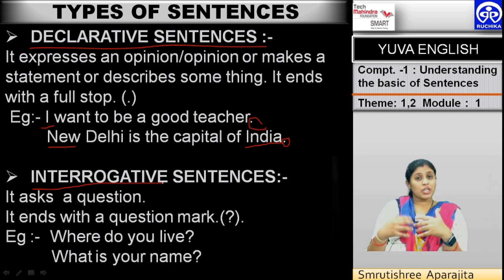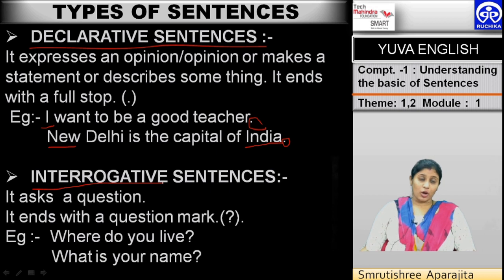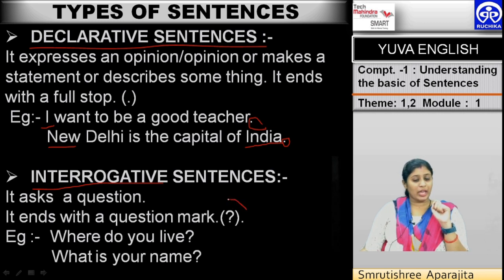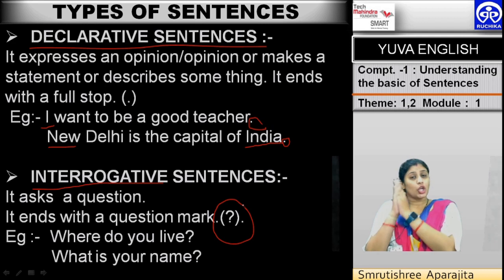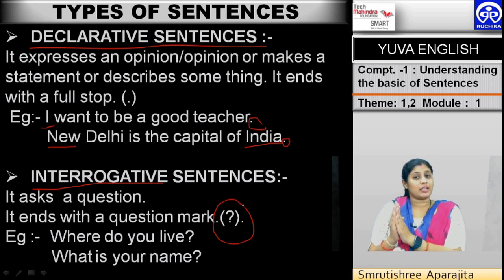When you ask a question to someone, it falls under the category of interrogative and it ends with a question mark. Always remember, when you ask a question, that question is going to end with a question mark at the end of the sentence. When you complete that sentence, you are going to put a question mark at the end. Only then we can know that a question is being asked.